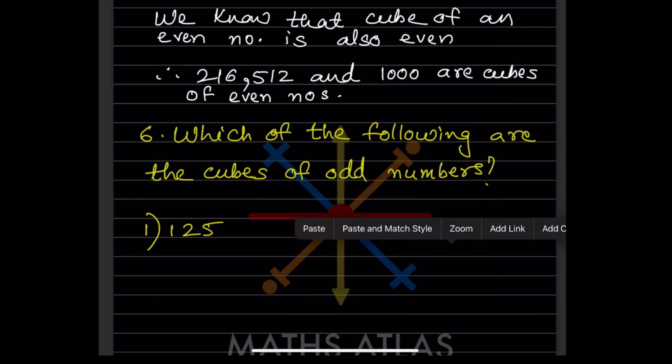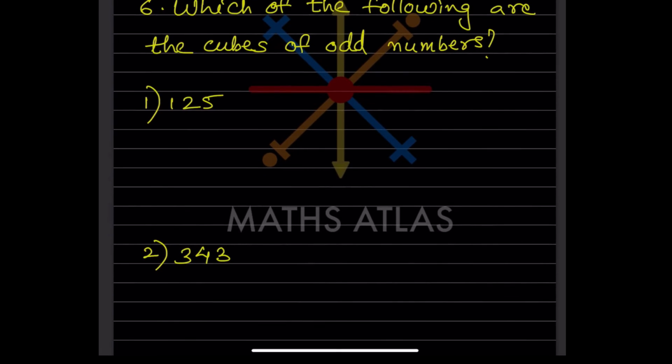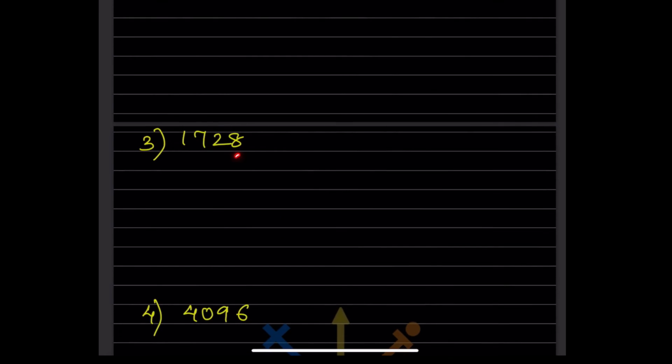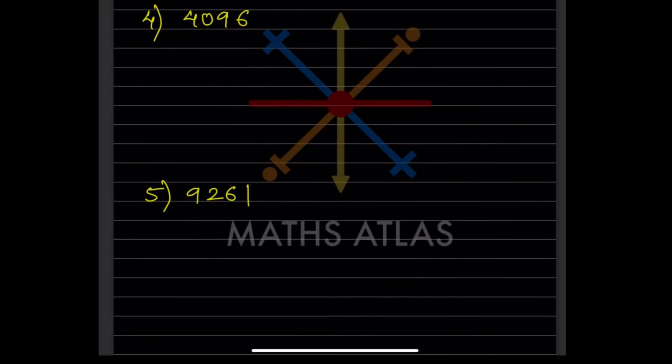So now next one, they said which of the following are the cubes of odd numbers. Now we know for odd numbers you have to look at the units place digit. You can see this 5 is an odd number, 3 is an odd number. Then you can see this is even. This also is even. And here this is an odd number.